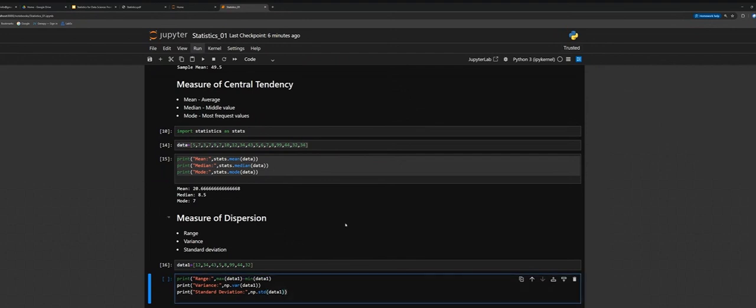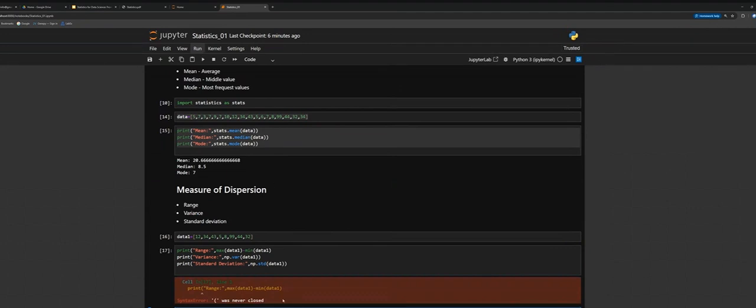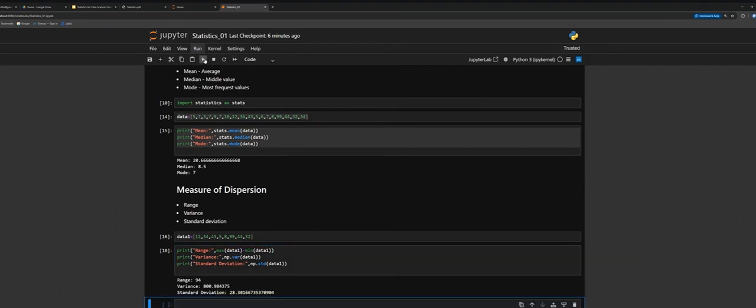That's it. Done. Now I'll print it. It says there is a comma missing. Sorry, a bracket. Okay, now it is there.